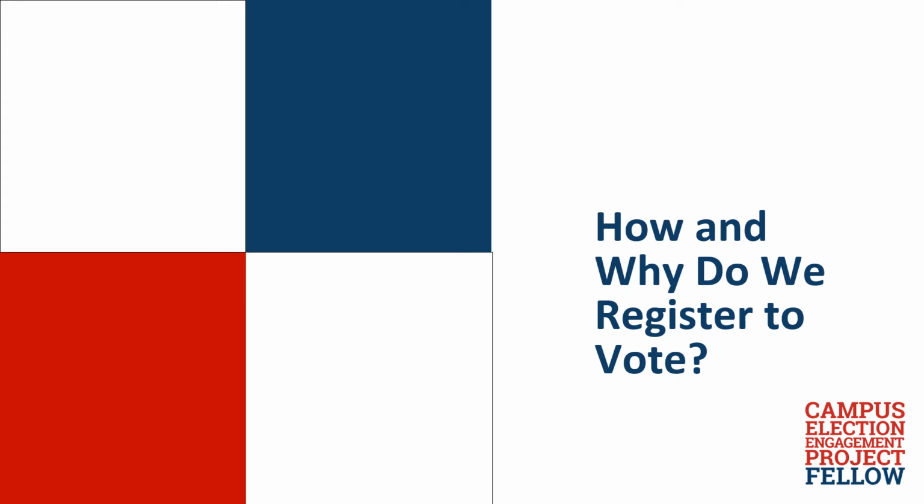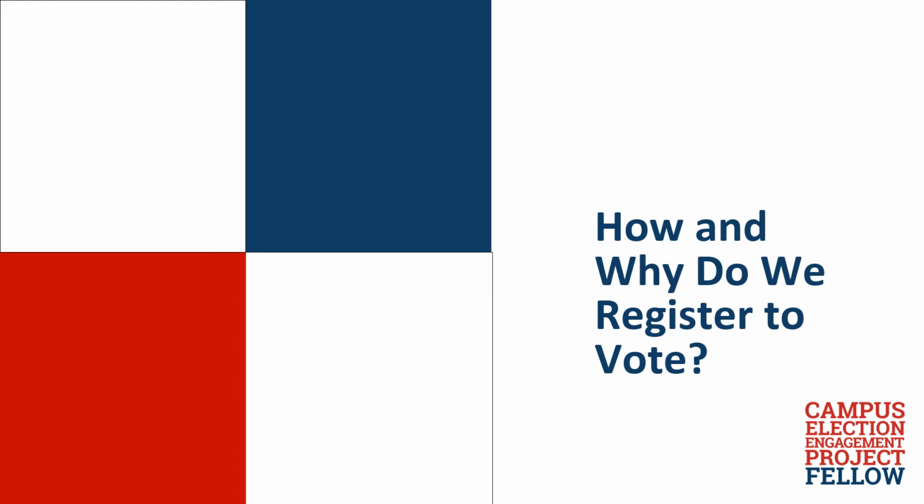To register to vote, you will need to fill out state-specific forms to prove that you are a U.S. citizen, at least 18 years of age or older, and meet local requirements like residency. Most states also offer pre-registration for people who are not yet 18 years old.